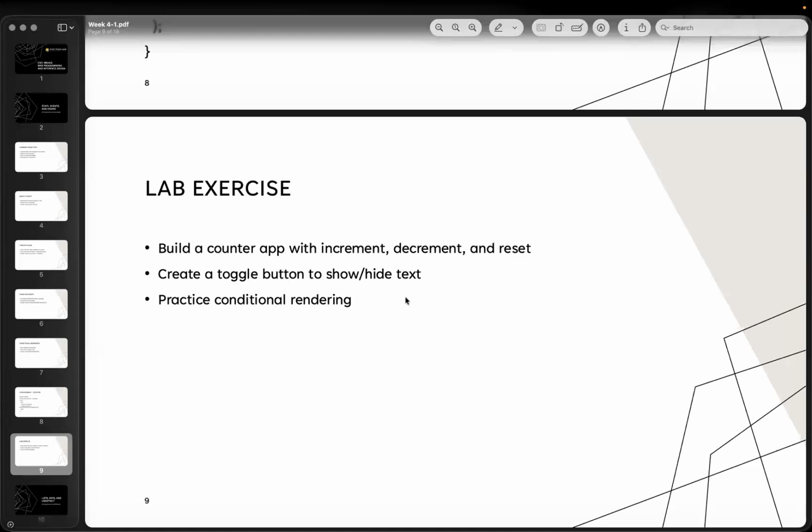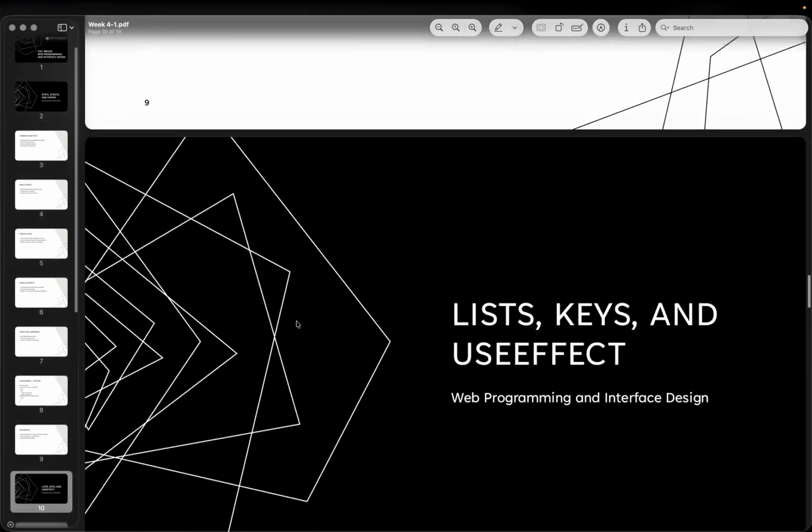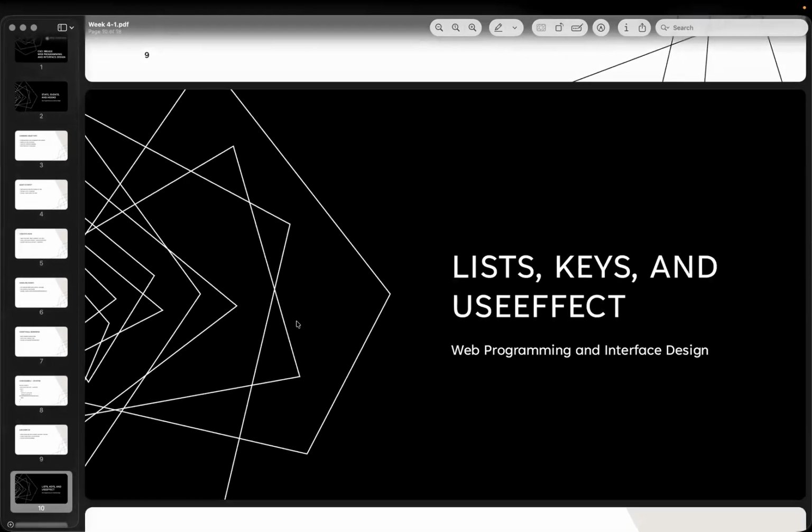Based on what you have right now, create one extra button. How can you show and hide the text or certain information? That means we try to use the if condition, conditional rendering, and we can do it in this part. Quickly, we go to the next part. I'll give you time so you can work on it and then ask questions.